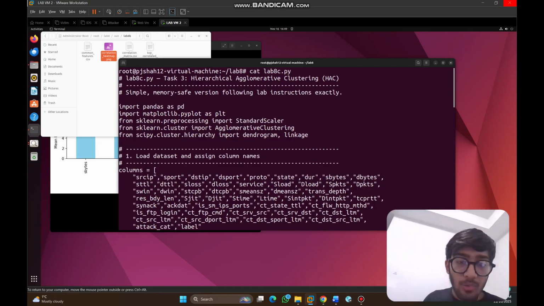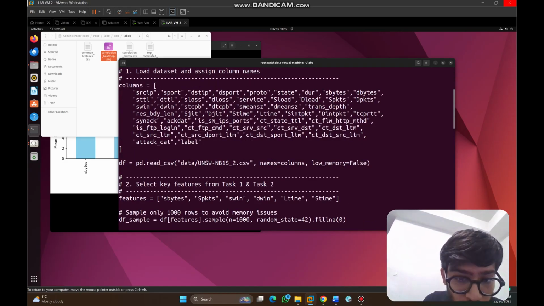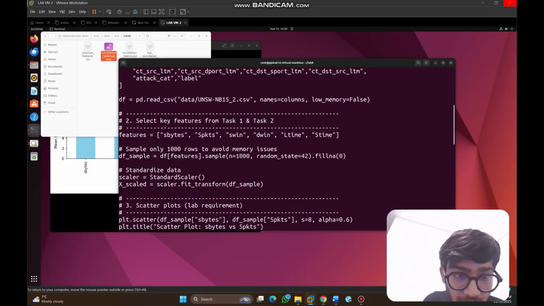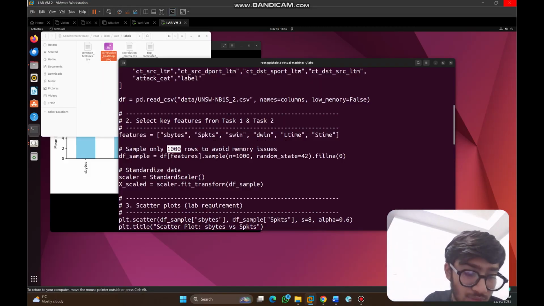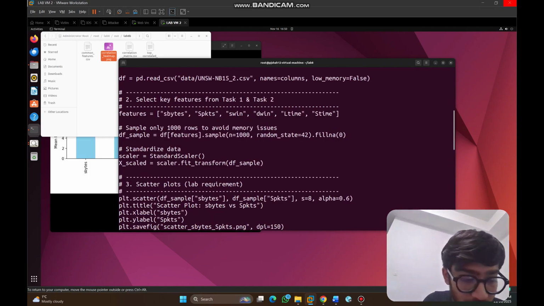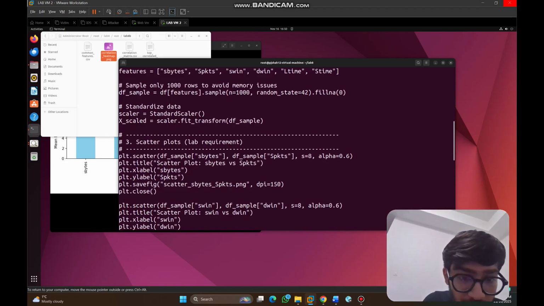The script loads the dataset and all the column names, and selects a subset of important features like s byte, sk, pt, swin, dwin, l time and s time. Then it samples 1000 rows to avoid memory overflow. Then it runs HSE with K2, K5 and K10.